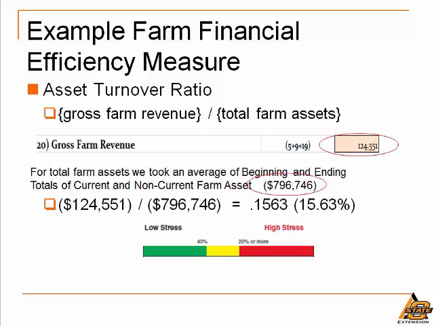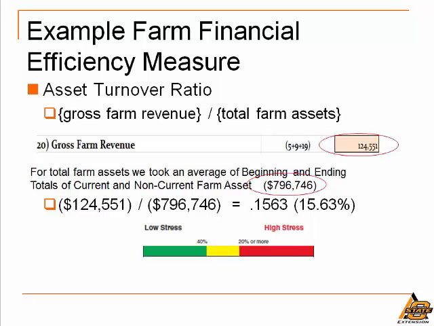Here we're using the average of the asset values from the beginning and ending balance sheet numbers, since this is a measure of financial efficiency over the period represented by the accrual income statement. Here our calculated asset turnover ratio is 0.1563 or 15.63%. When compared to the industry benchmark scale, this looks a bit on the low side.